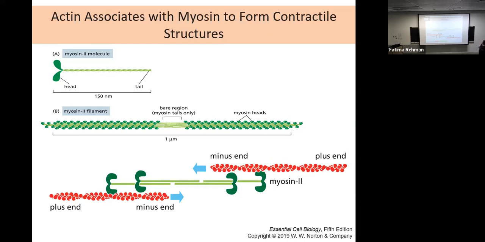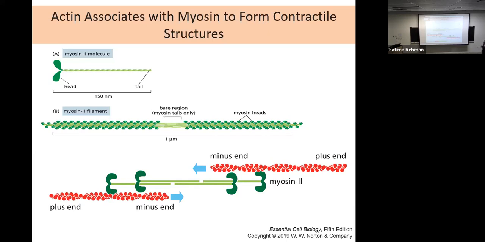A single myosin is made up of a rope-like tail with two globular heads. So a simple myosin protein, again in its quaternary structure, is made up of two monomers of myosin combined together, each one containing a head and a tail, right? The filamentous tails coil around each other, making this exact structure.